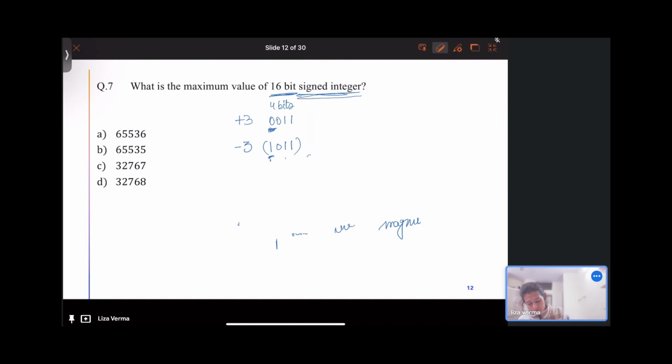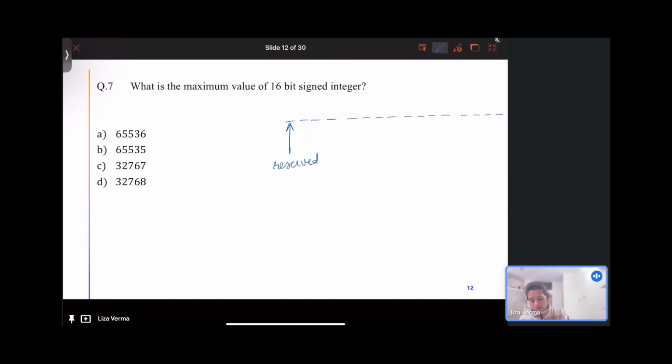So for example, similar to this minus 3 example, if the number is 16 bits long and it is a signed integer, we need to know that this MSB is reserved for the sign, and the remaining 15 bits will be used for representing the magnitude of the number, which means this one bit cannot be used to represent the magnitude, right? If this is clear, then the answer would be clearer.